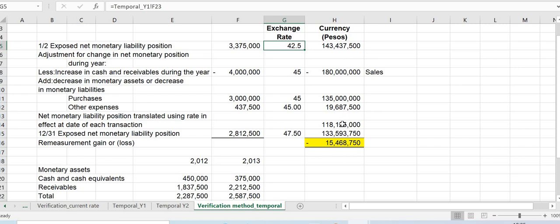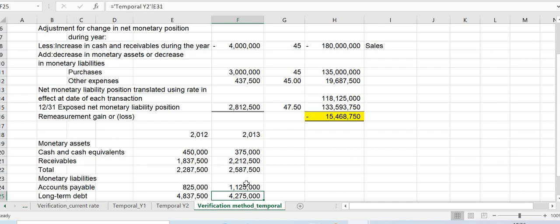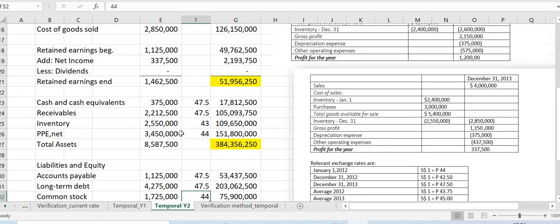We have 118,125,000, and then we have to get the net monetary liability position on December 31, 2013. So you have your total monetary assets of 2,587,500. Of course, based lang din siya sa given balance sheet. Ito siya.